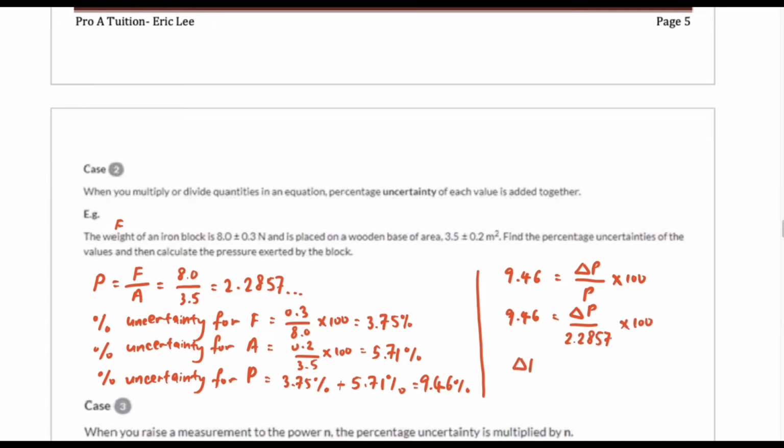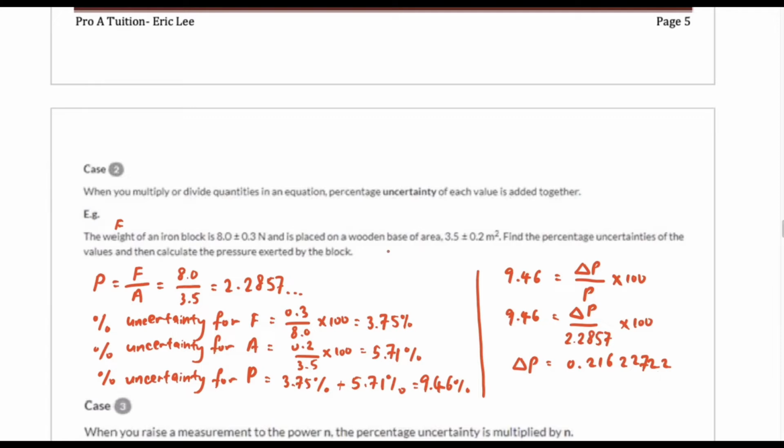Then I calculate my delta P: 9.46 multiplied by 2.2857 divided by 100. Okay, so I get 0.21622722. Okay, so how many significant figures are we going to take?